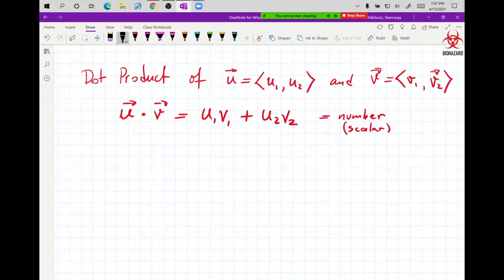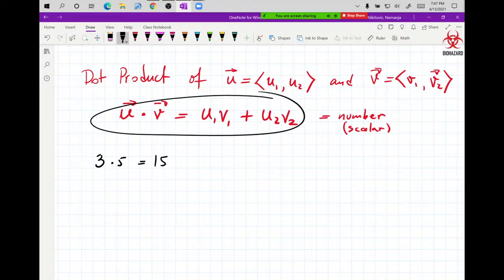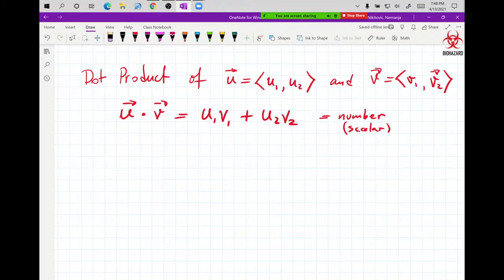Now, I know that 3 times 5 equals 15 doesn't look like vectors to you, but technically this is a two-dimensional version of the multiplication you already know. So this would be the one-dimensional version, if there was a one-dimensional vector. A one-dimensional vector has only magnitude and no direction.